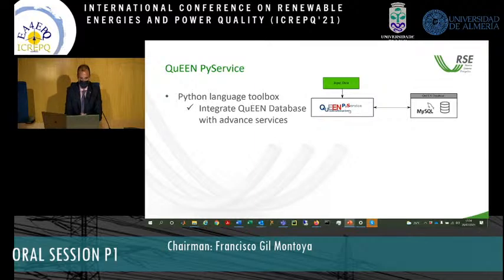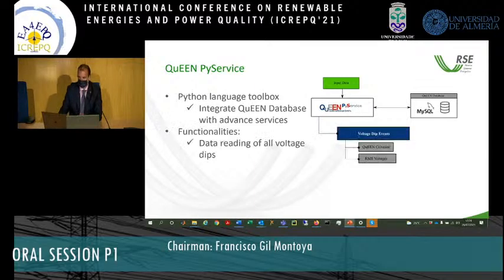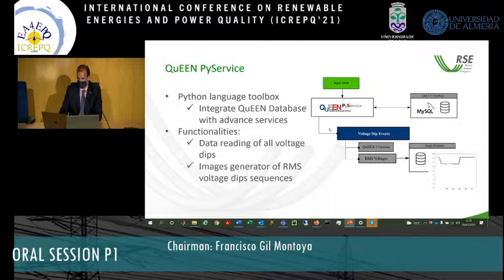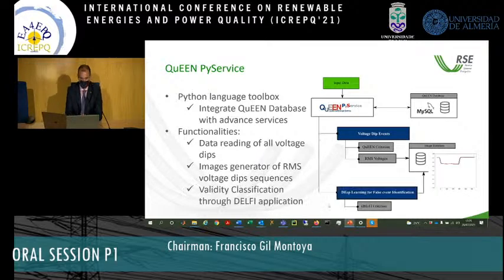In particular, we are able to read all the voltage dips recorded and stored in our database. We can generate RMS voltage dip sequences. And of course, we can integrate the deep learning classifier in our database.